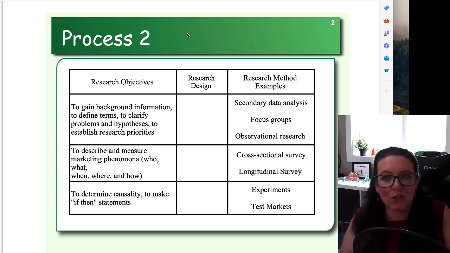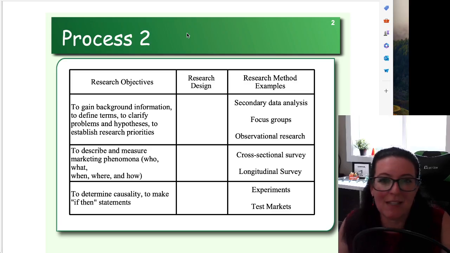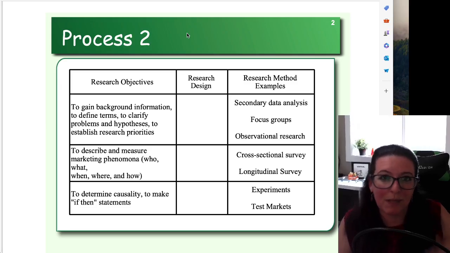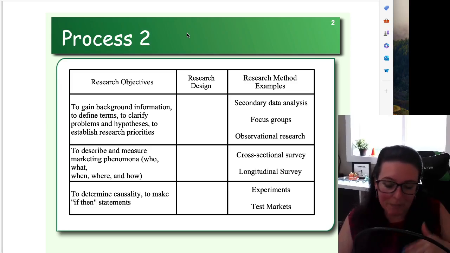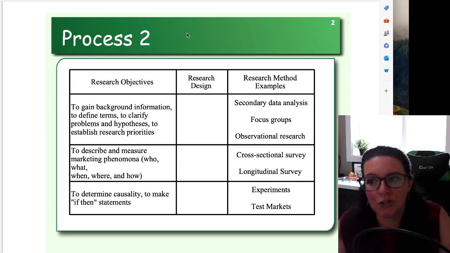We've talked about surveys and how to build those surveys, and that gives us that descriptive where we describe and measure marketing phenomenon or events in terms of how people feel and what categories they fall into. And those can be cross-sectional, so one-time survey, or longitudinal. And then the third type of research design we only talked about very briefly when we were defining them, which is where we are looking at determining if something happens, then something else happens.